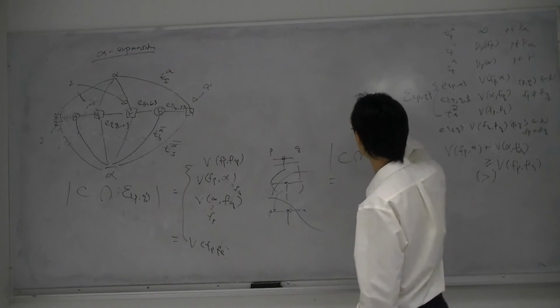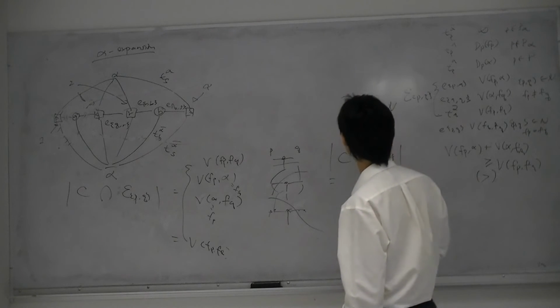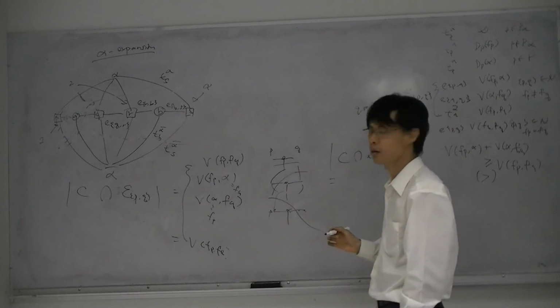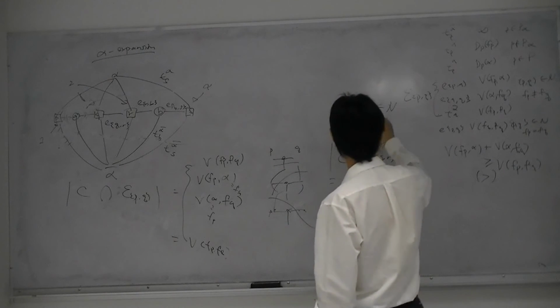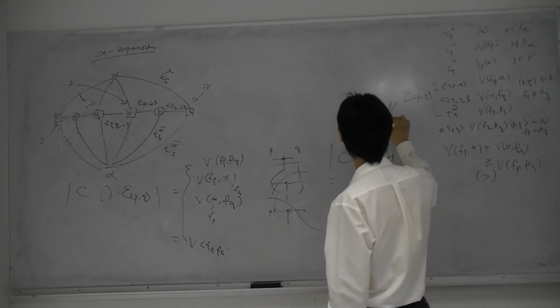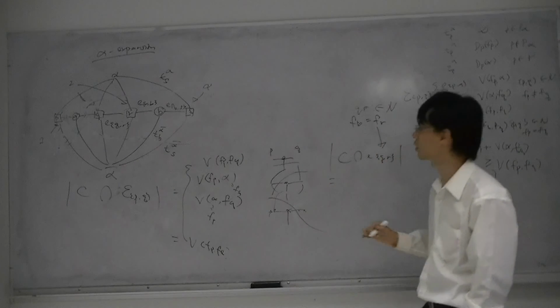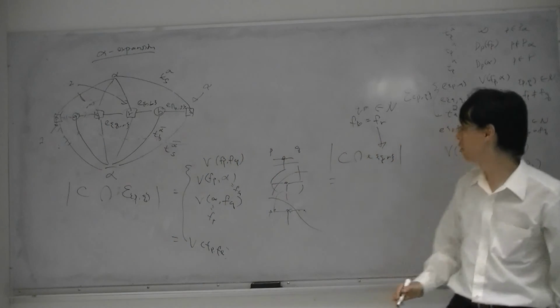So this QR basically has the same label. FQ is equal to FR. So therefore, it doesn't have an auxiliary node in the middle.